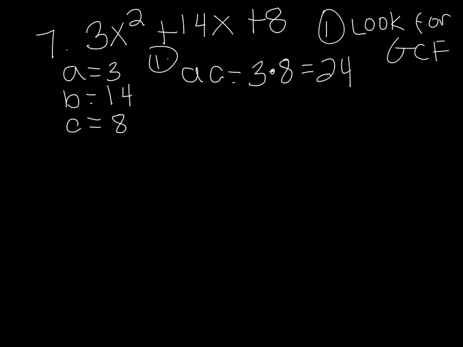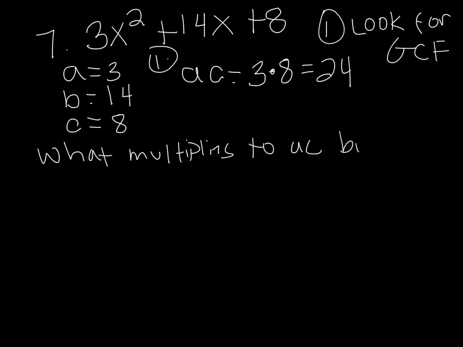Step 2 is to think about what multiplies to ac but adds to b. So in this case, what multiplies to 24 but adds to 14? That's step 2.